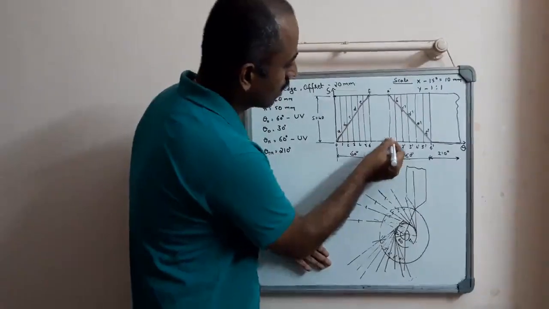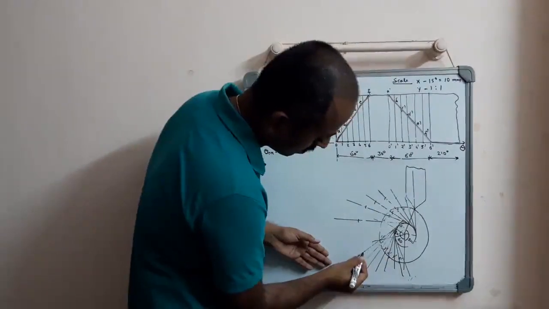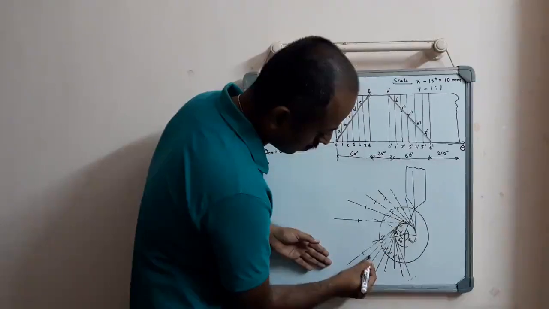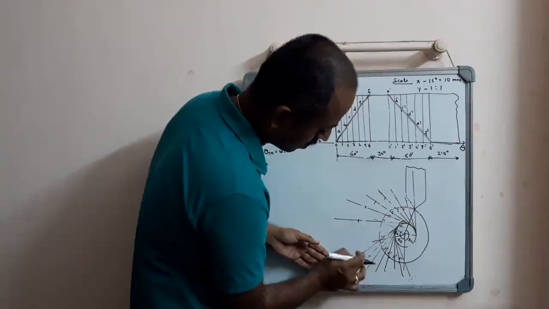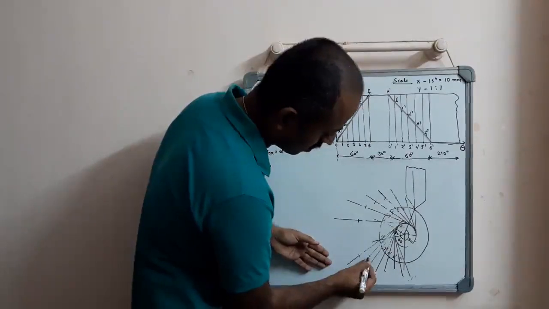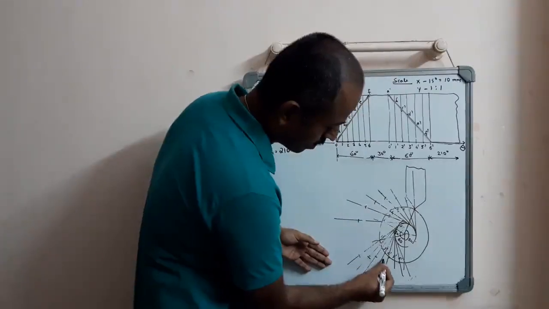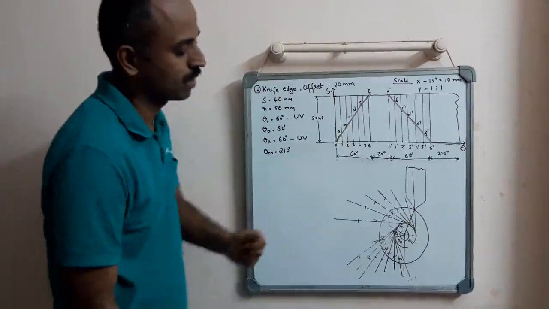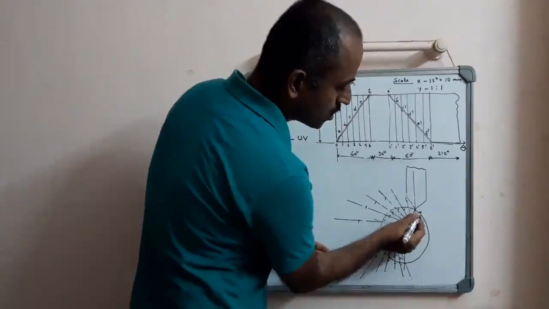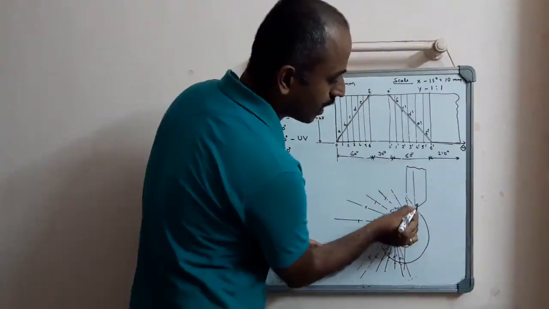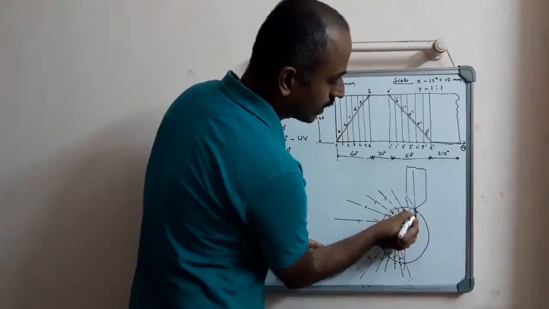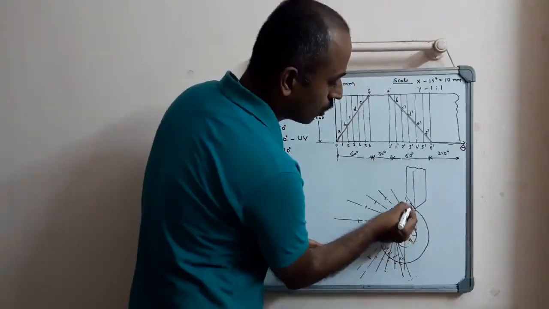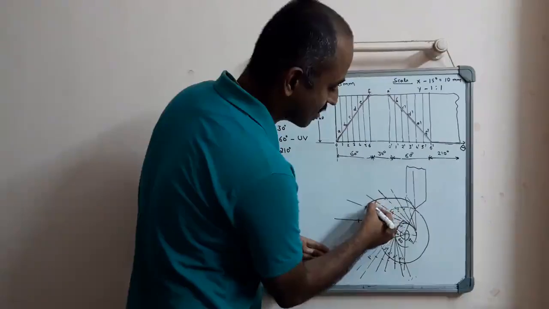Similarly, 0a, 1b, I think it will be somewhere here, B, finally it will reach. So, starting from the point of contact of the knife edge and the base circle, go on drawing a smooth curve like this.